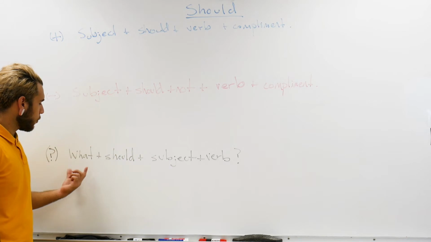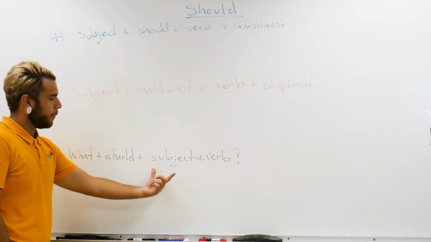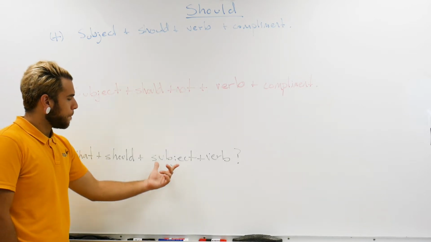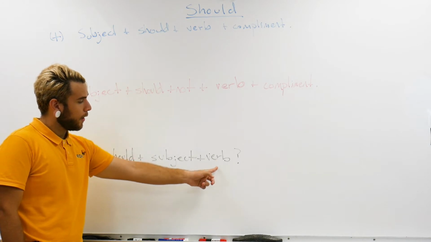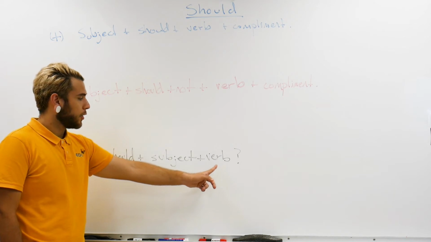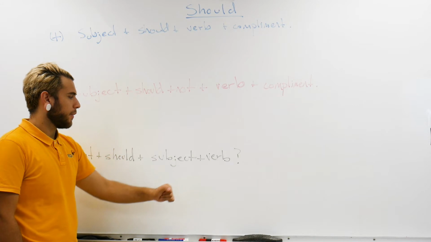The formula is what, should, the subject, like Eric, Sam, Viviana, or he, she, they, and then the actual verb. So it could be what should they do, what should they eat, or different things like that.